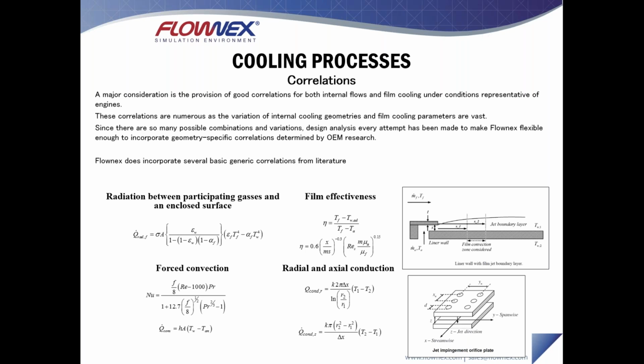That being said, we do have several generic correlations that have been built into Flownex already. Correlations for film cooling, impingement cooling, gaseous radiation, forced convection, everything you would expect to need to model the heat transfer in gas turbine applications like this. But again, I just want to stress that implementing your own correlation is very straightforward.